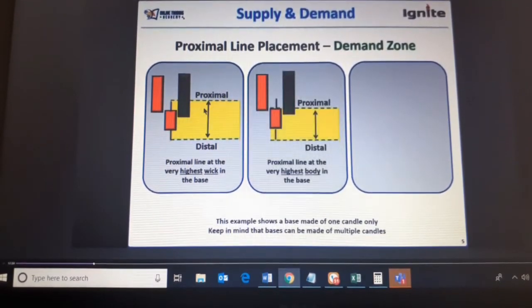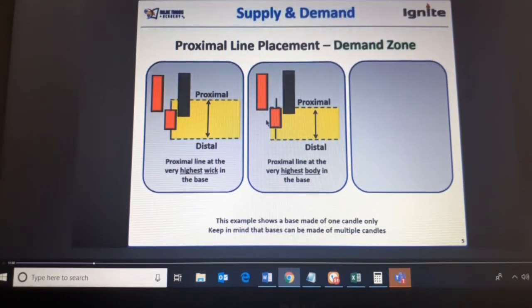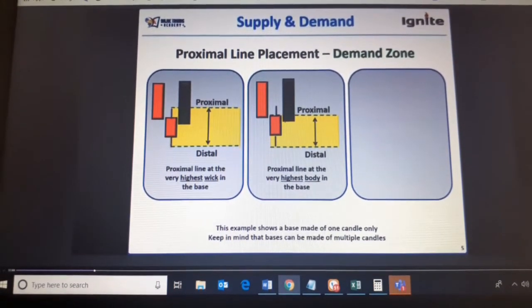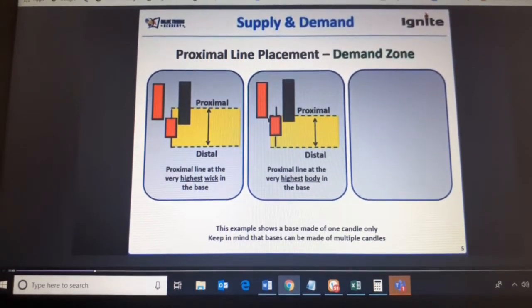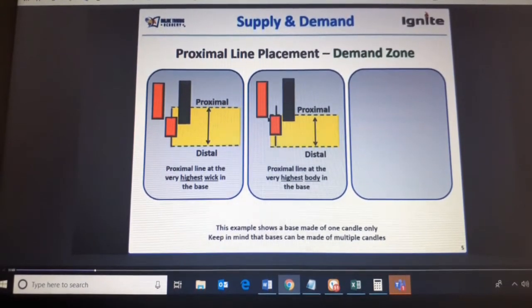Let us see the second way. A second way of drawing the proximal line in a demand zone is at the very highest body in the base. So whichever body is the highest in the base, there you can draw your proximal line.